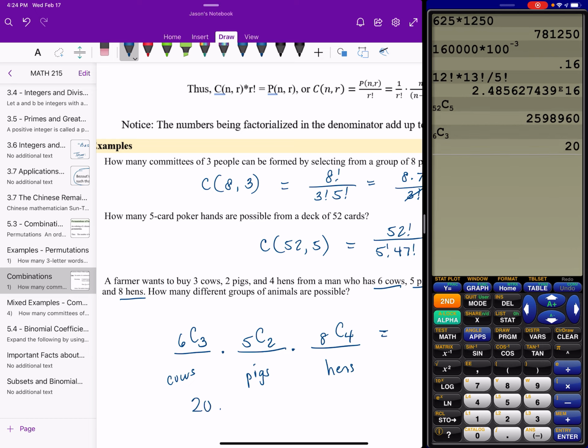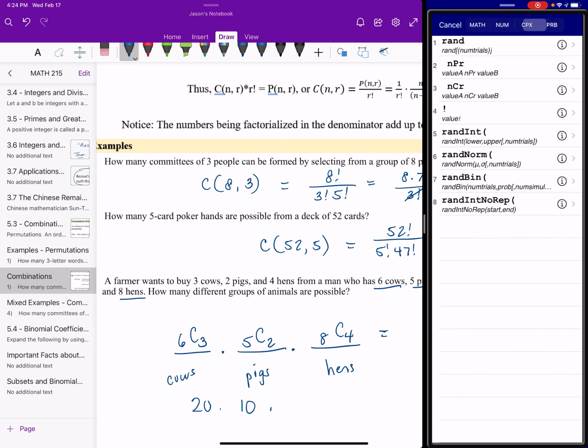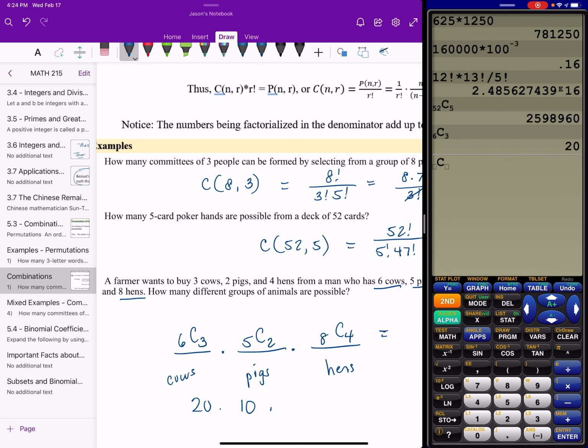5C2 I can just tell you is 10, because it's 5 times 4 over 2. Now 8C4: let's do it with the calculator. Math, PRB. 8C4 is equal to 70.